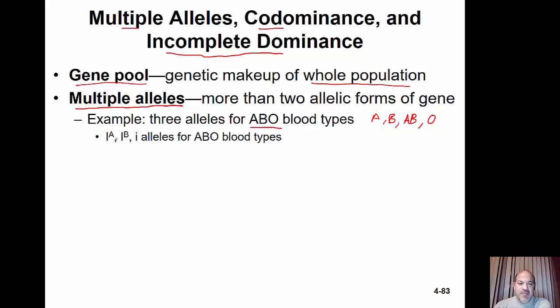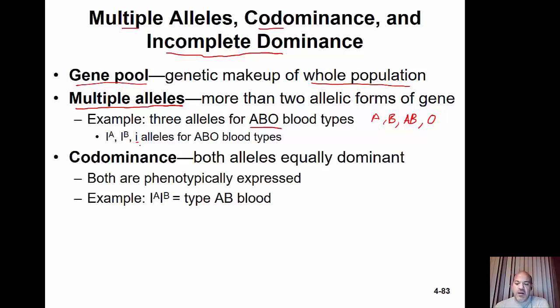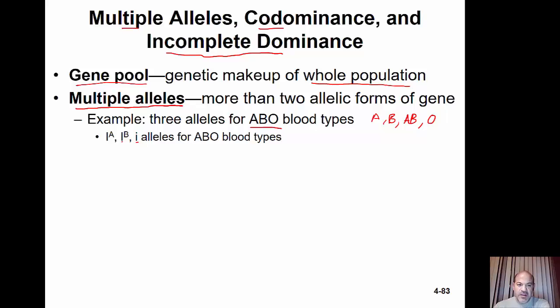Here's the B allele, and we use capital letters because both of those are dominant over the allele with the symbol i, which is for blood type O. So if we combine an A allele with an i, or O allele, then it would be blood type A because A is dominant over O. The same is true for B. If we combine B with O, we would still be blood type B. So you could be blood type B if you have both B alleles, or if you're heterozygous.